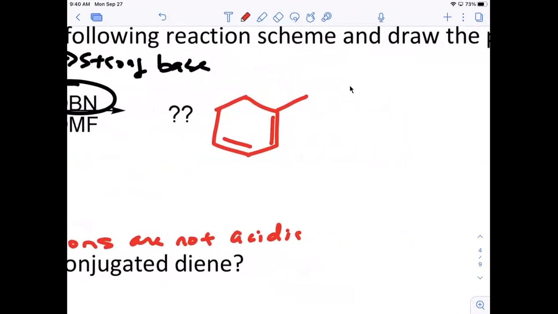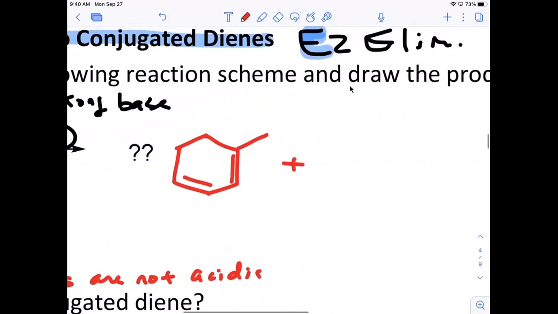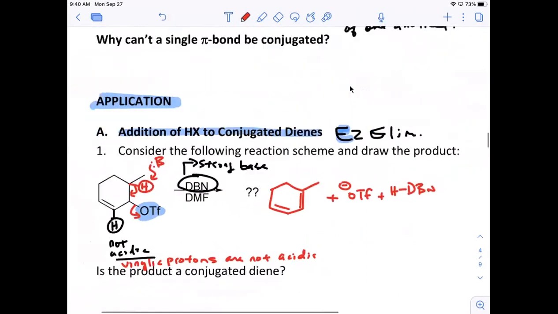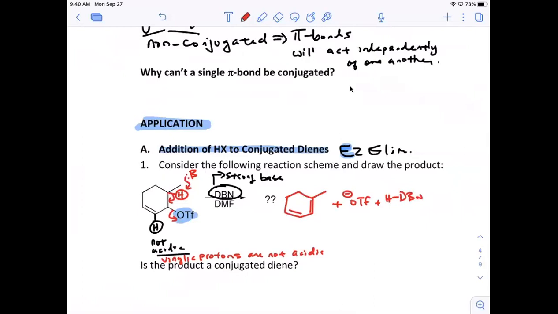So it'll be that plus OTf plus H. I'm just writing this as HDBN. All right, anybody not see that? All right, that's a standard E2 elimination.